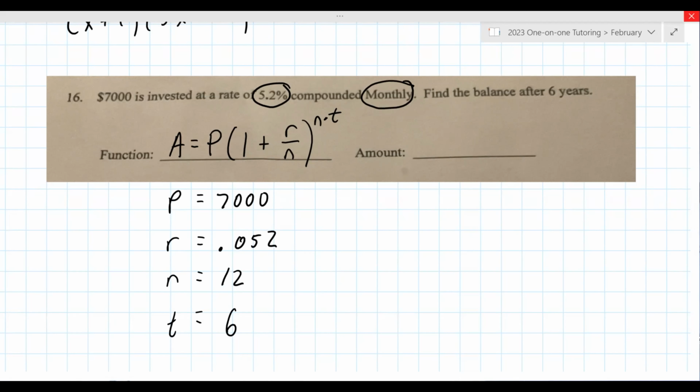And you're rounding to the nearest cent, so 2 decimal places. Sometimes it is good to write it out before you put it in the calculator.